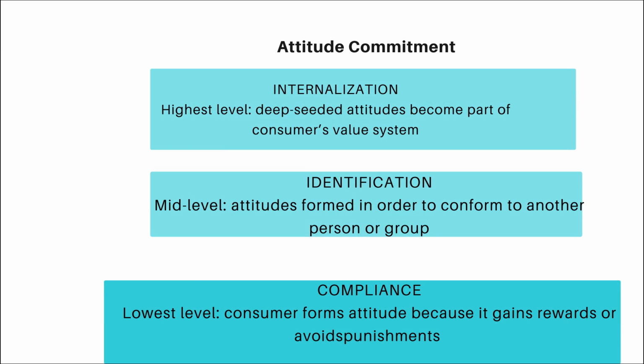We evaluate new information about attitude objects in light of what we already know or feel, and there are two elements: the initial attitude, which equals the frame of reference, and the latitudes of acceptance or rejection, like assimilation effects and contrast effects.